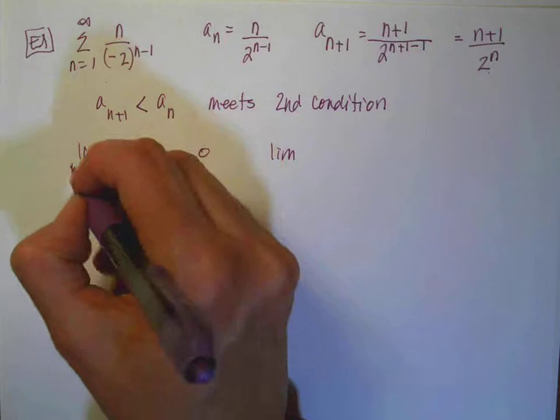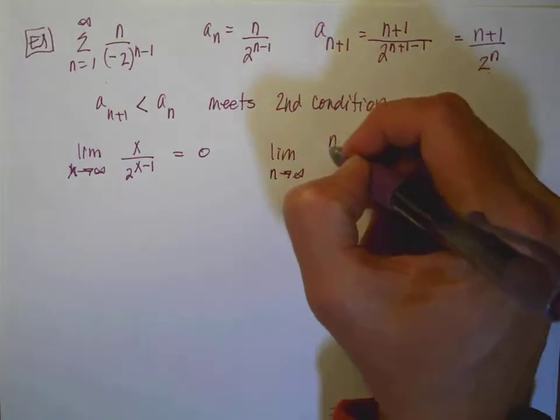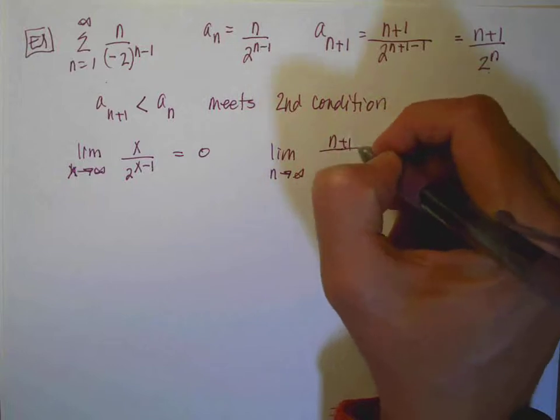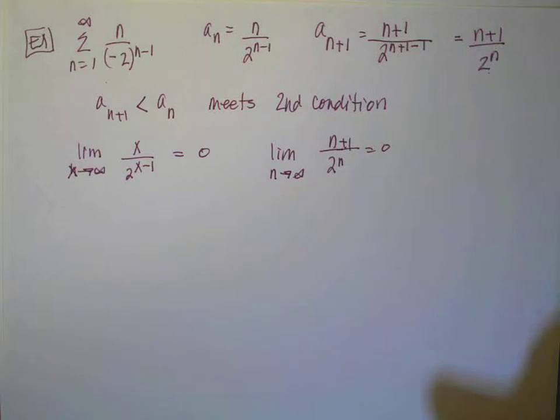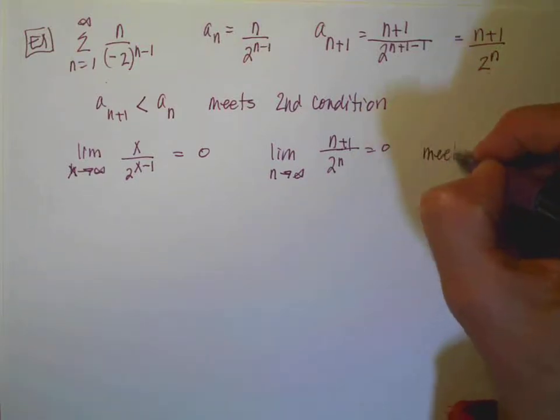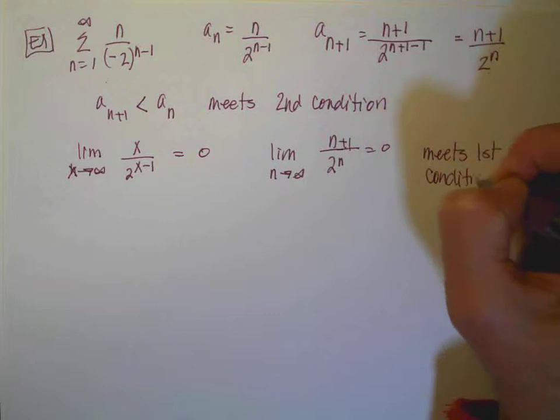And so then I can say the limit as n approaches infinity of n over (n + 1)/2^n is equal to 0. And then this meets our first condition, and I'm just writing it down just so you can see it.